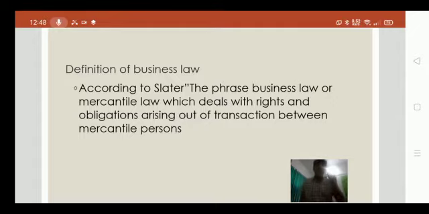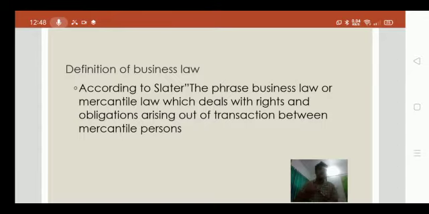The phrase business law, or mercantile law, deals with the rights and obligations arising out of transactions between mercantile persons.